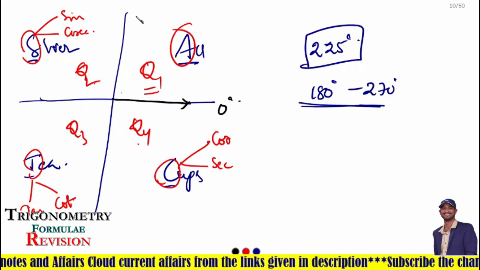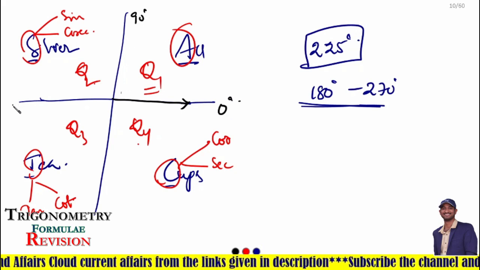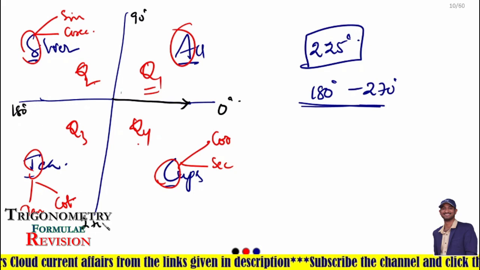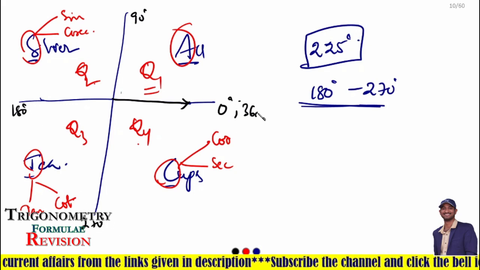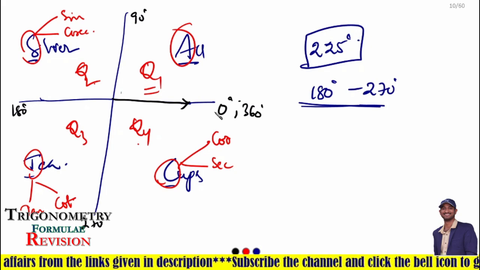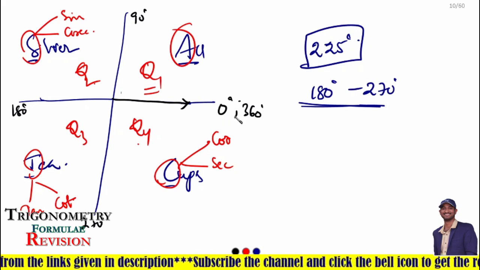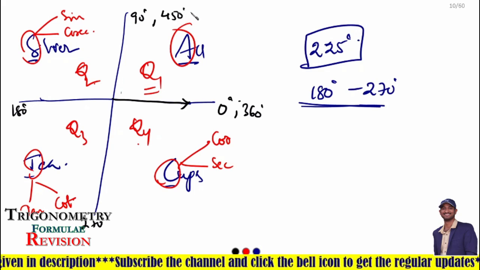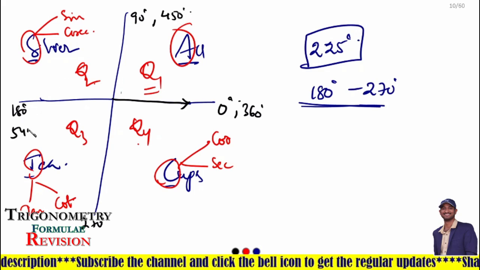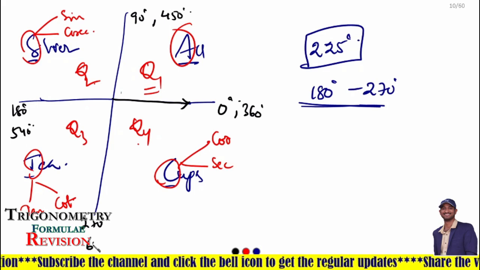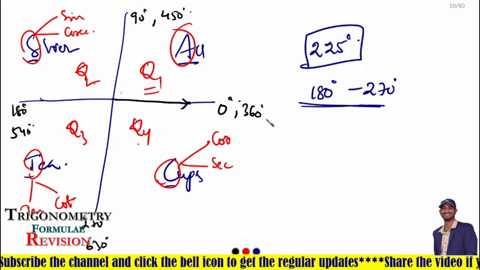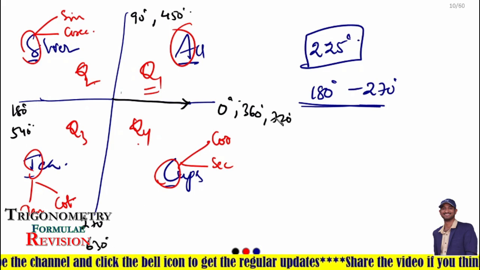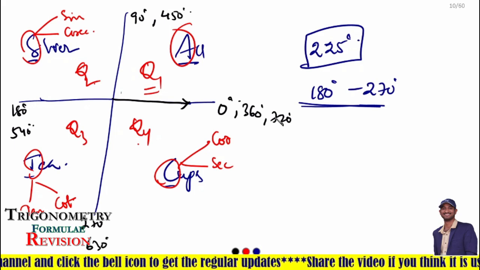The positive y-axis means 90, next 180, next 270, next 360. That means when a ray completes one revolution, it completes 360 degrees. Next 360 plus 90 is 450, 450 plus 90 is 540, 540 plus 90 is 630, 630 plus 90 is 720. So each quadrant has 90 degrees of angle.